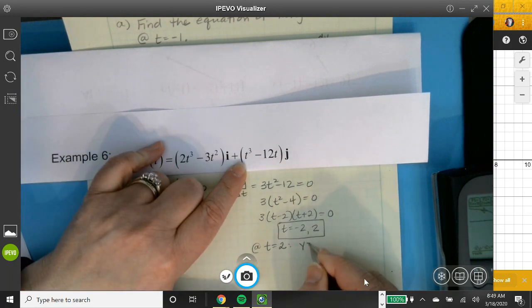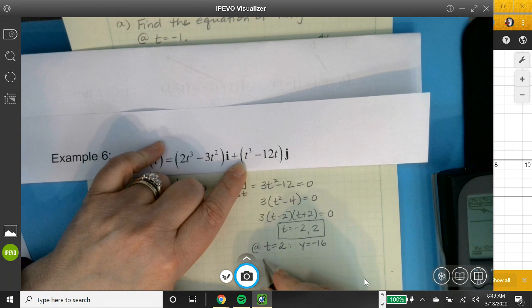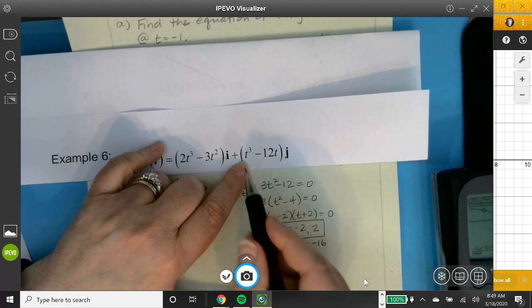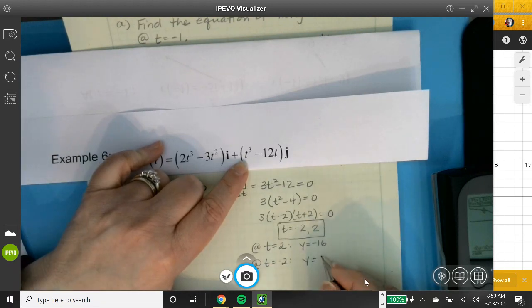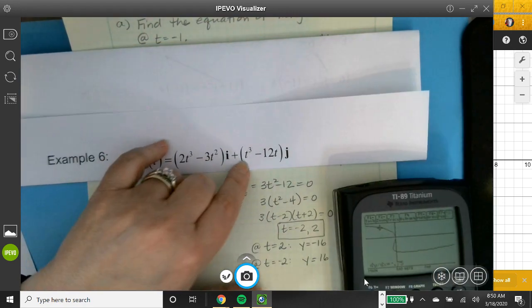So it's going to be y equals -16. And at t equals -2, it's going to be y equals, what happens is this? I'm going to have a -8, and that's going to be a plus 24, right? So that'll be at y equals 16, I think. So we're going to find out. We're going to verify that.